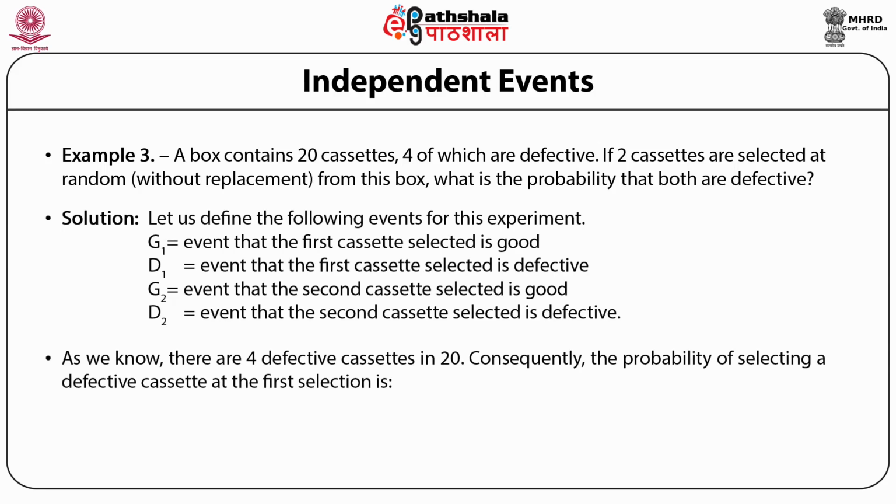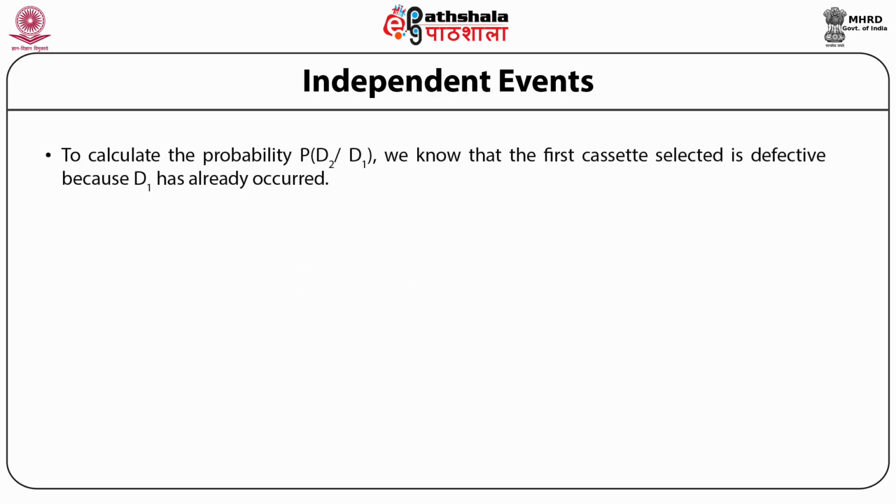As we know, there are 4 defective cassettes in 20. Consequently, the probability of selecting a defective cassette at first selection, probability of D1, is 4 by 20, because there are 4 defective cassettes out of 20. To calculate the probability of D2 when D1 is given, we know the first cassette selected is defective because D1 has already occurred.